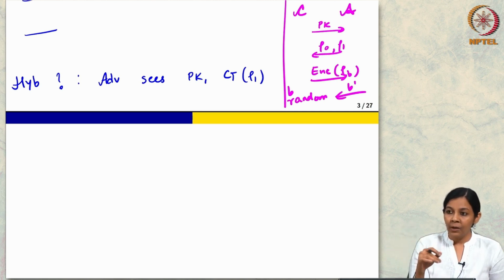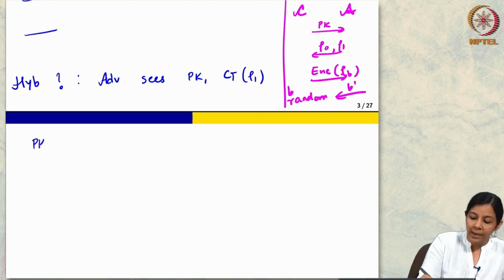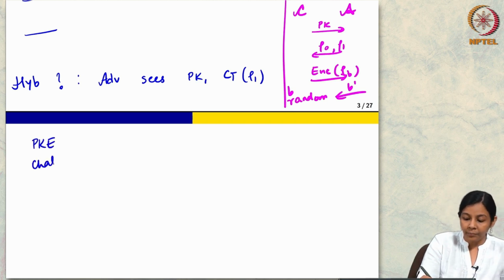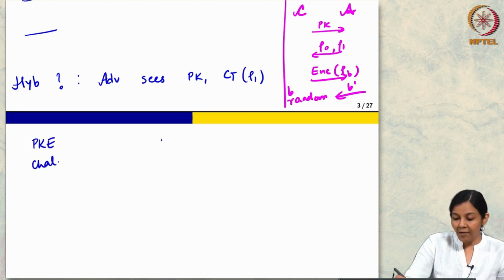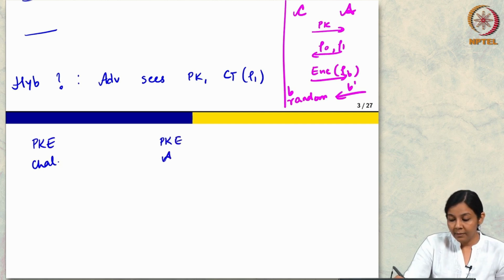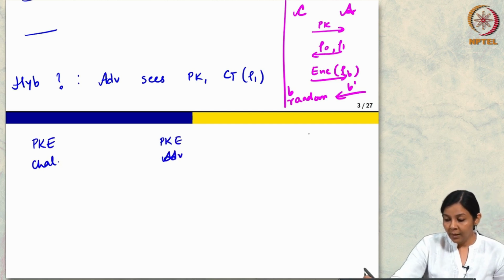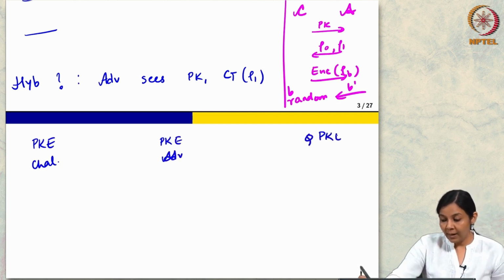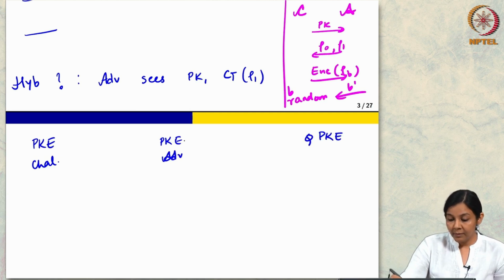This is true, but this actually requires a reduction. So, I need to do a reduction where I have the PKE challenger, okay, I have a PKE adversary, and I have my QPKE adversary here.